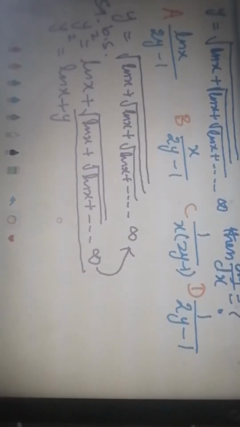Now we are going to differentiate it. I hope you can see it clearly. I have to use the other part of the board. Here it is.